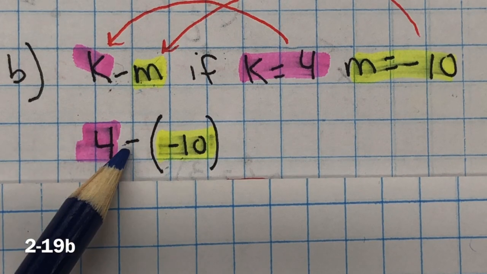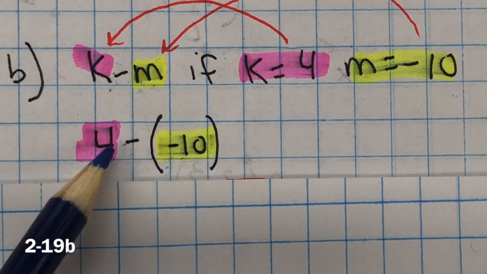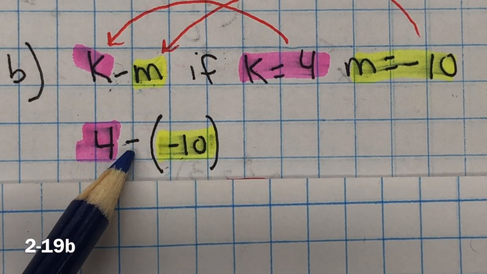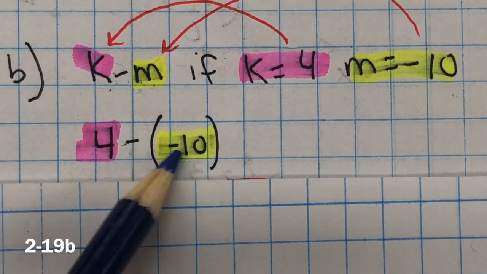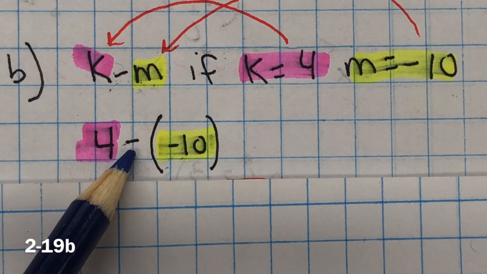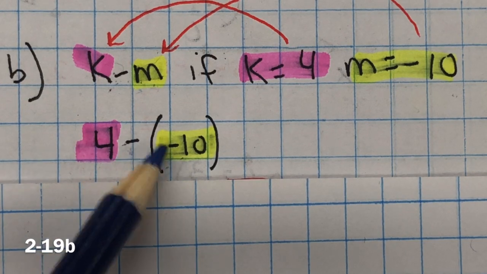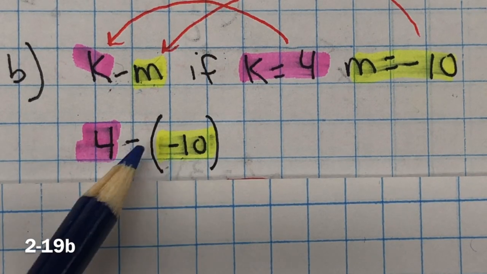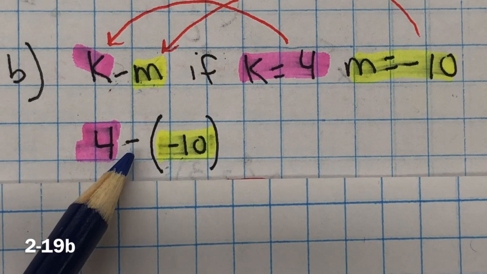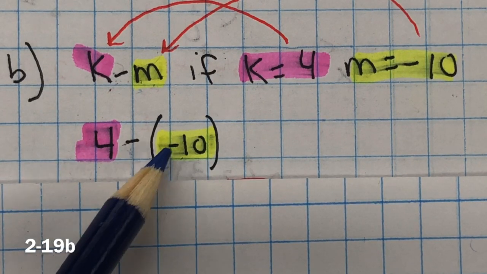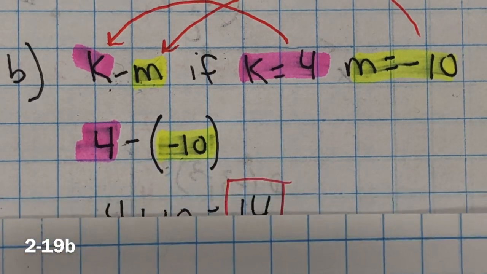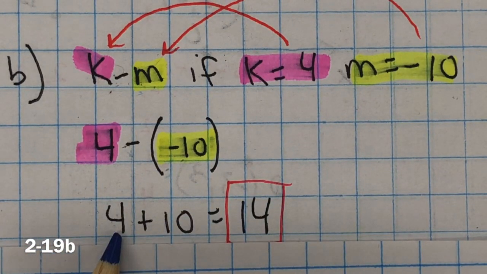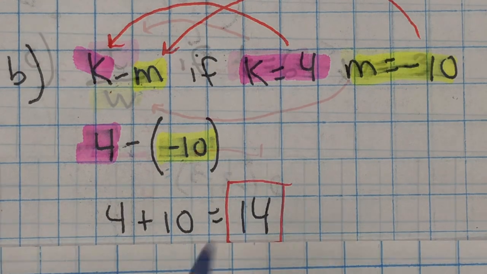So 4 minus a negative 10. This is minus a negative, so you can distribute this. You could say, what is the opposite of negative 10? Or when you have parentheses, you distribute it. A negative is a positive. So opposite of negative 10 is positive 10. 4 plus 10 equals 14.